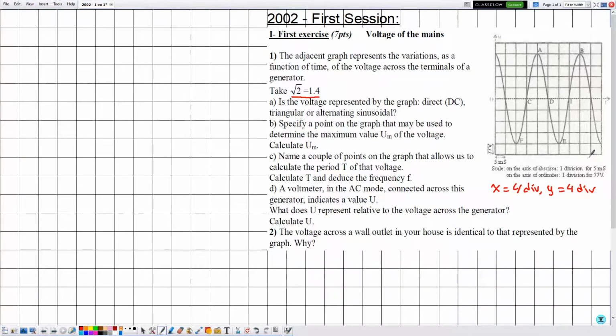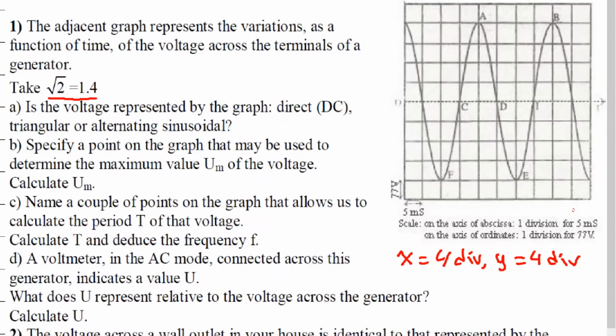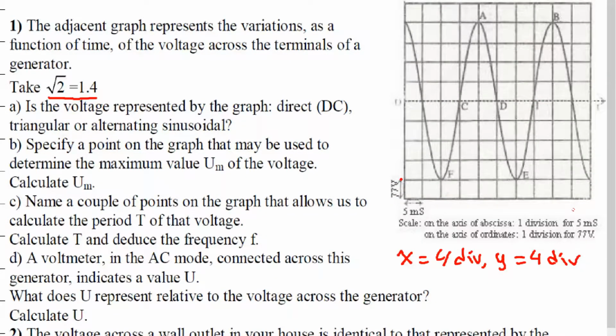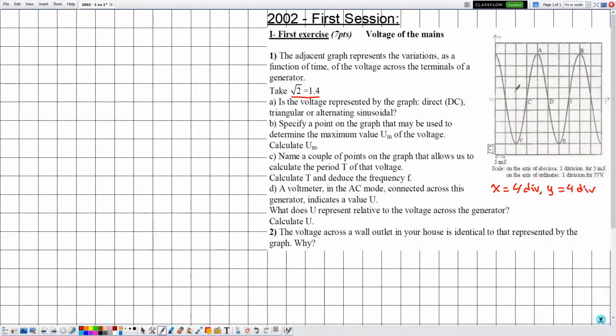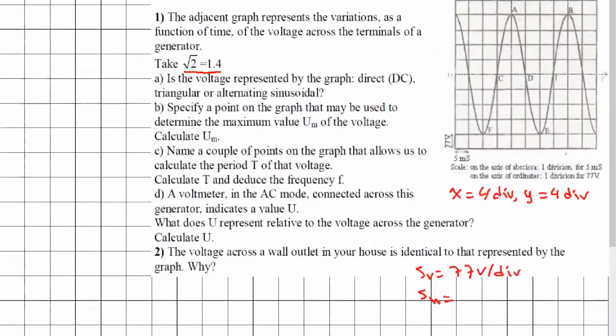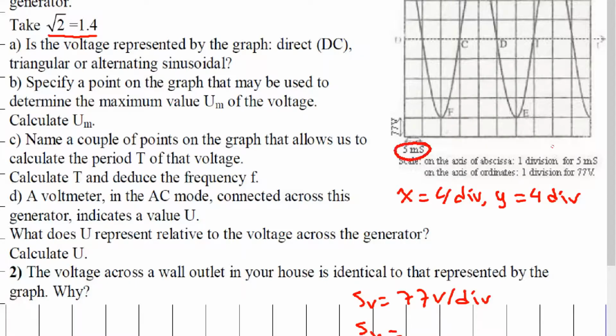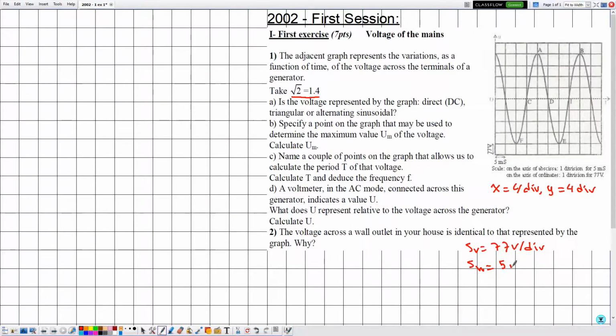Now the vertical sensitivity, or the scale along the y-axis, is given by 77 volts per division. So let me write here that SV is equal to 77 volts per division, whereas the horizontal sensitivity, which is the scale along the x-axis, is 5 milliseconds per division.